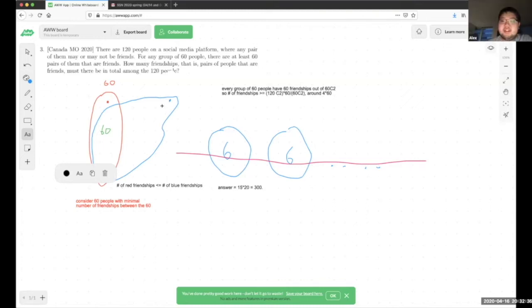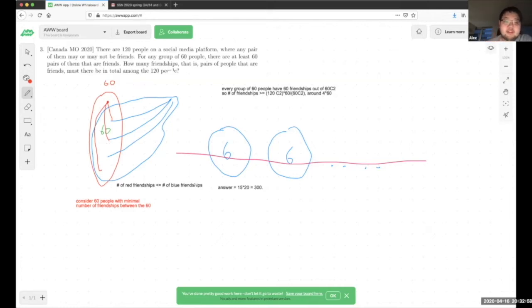The difference between the red and blue charts is basically just the number of friendships this one person has. This one person maybe has a few friendships here, and this red person maybe has not the same friendships.